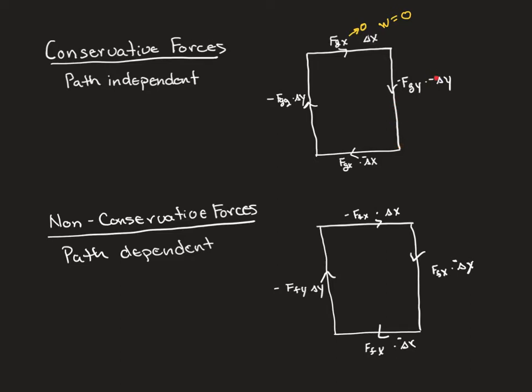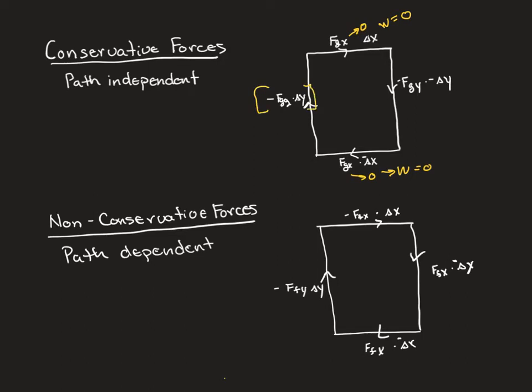However, now my delta y is negative because I'm going from a higher position to a lower position. Then once I go to the left, in the x direction, once again the x component of the force due to gravity is 0. So there's also no work done on this leg.